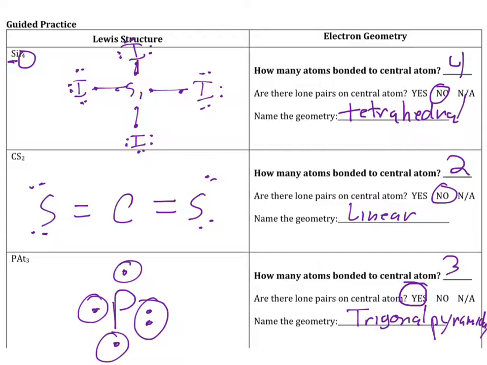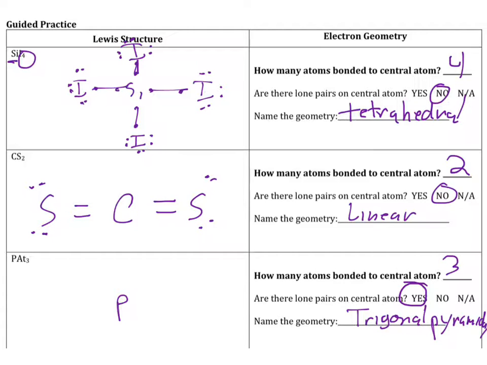All right, let's go ahead and draw the Lewis structure of this. All right, so we have phosphorus, and we've got our 5 valence electrons.